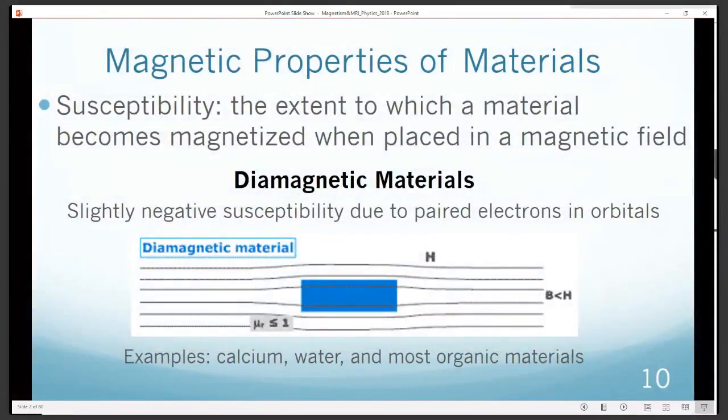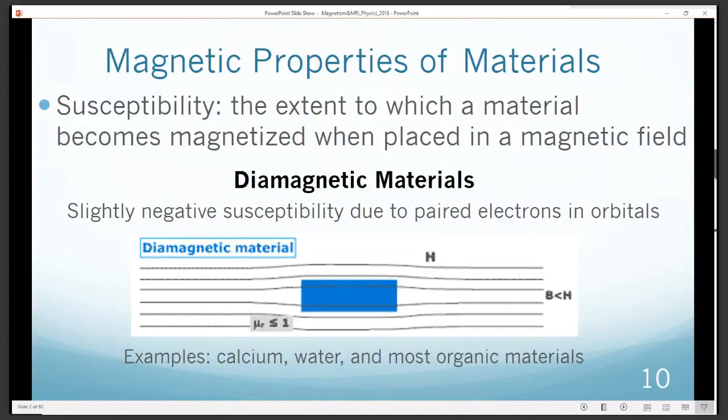Most of the materials we deal with and put into the magnet, and this includes our patients, have magnetic properties of their own. Magnetic properties of materials are characterized by a parameter called susceptibility, and it characterizes the extent to which a material becomes magnetized when it's placed in the magnetic field.